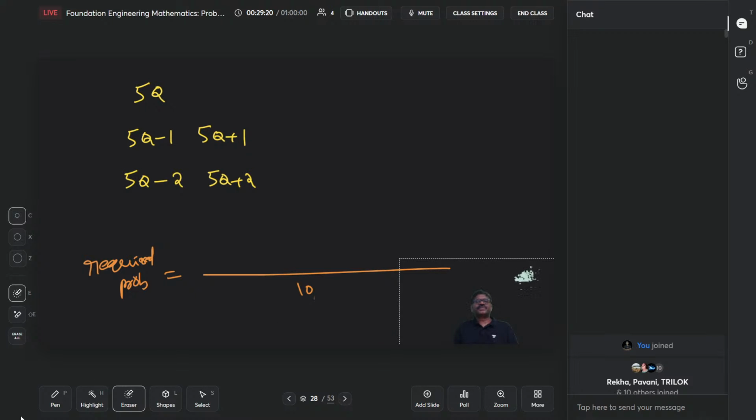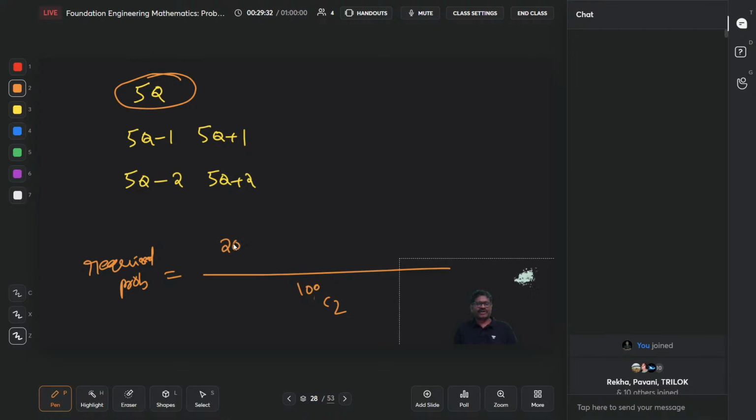Now, the sum of those two numbers being divisible by 5 means either you select both numbers from the multiples of 5, that means 20C2, or one number is from 5q minus 1 and another number is from 5q plus 1. If you add both, you will get a number divisible by 5.